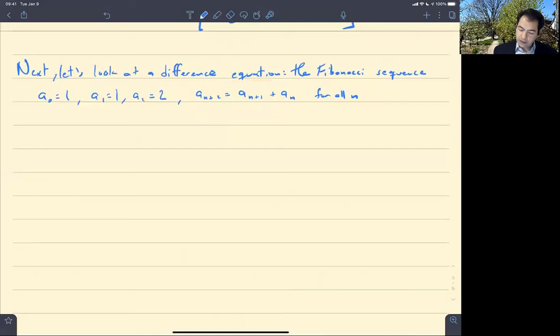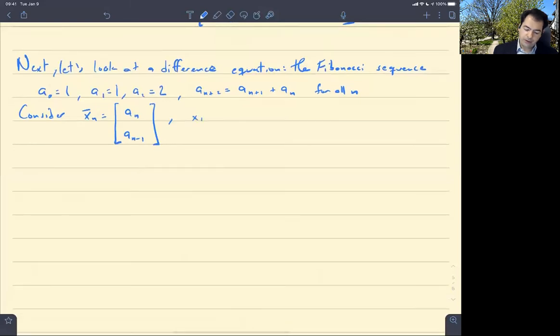Okay, so let's put this into matrix-vector form so that we can apply some linear algebra to it. Let's consider the sequence of vectors x_n with coordinates a_n and a_(n-1).